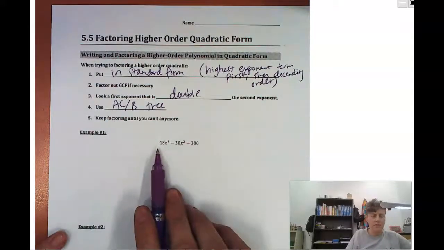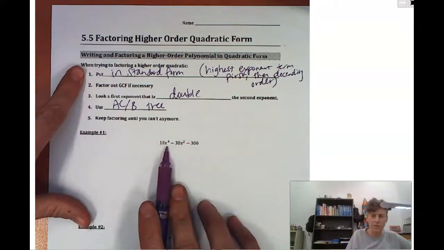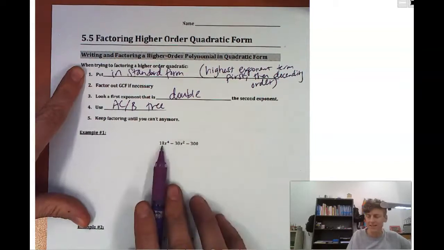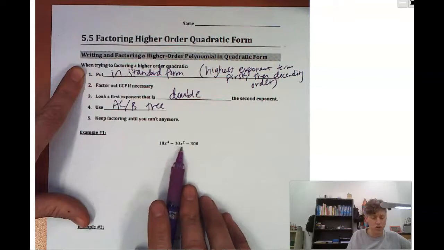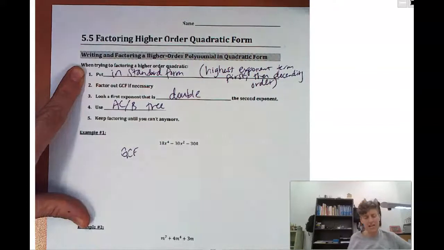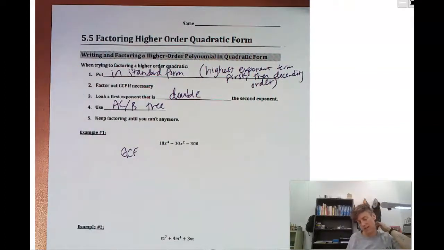Is this in standard form? Is the highest exponent term first and then in descending order? Yes, it is. Do we have a greatest common factor? Pretty sure we do. What goes into 18 and 30 and 300?